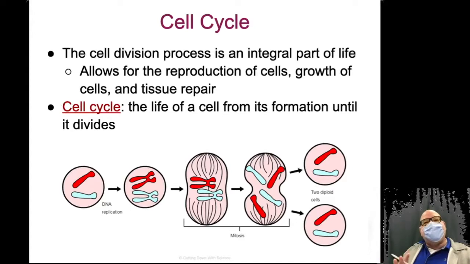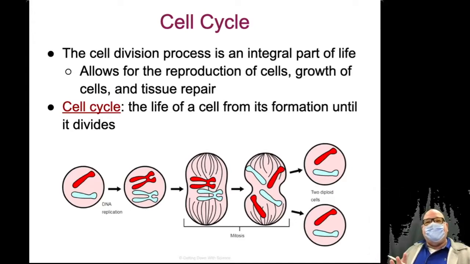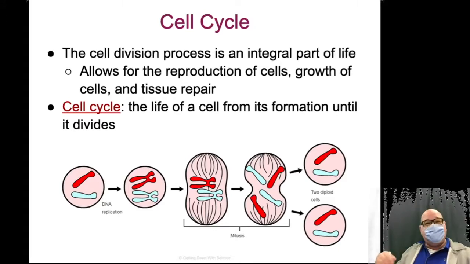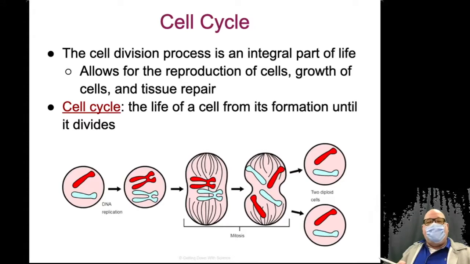So the cell cycle, what we're going to talk about today, is sort of the life of a cell from its formation until it divides. So it's a cycle because it happens in a circle and it happens over and over again, okay? Now, not every single cell stays in a state of constant reproduction the entire span of the organism's life.